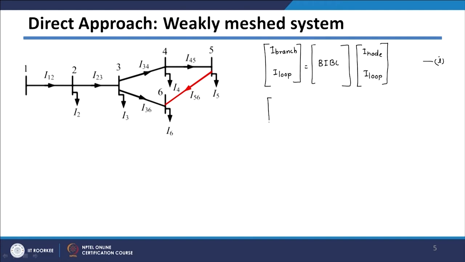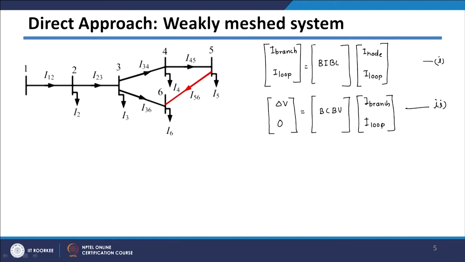And then we had got delta V 0 which is equal to your BCBV matrix, and this is getting multiplied by I branch and I loop here, which is your equation number 2.